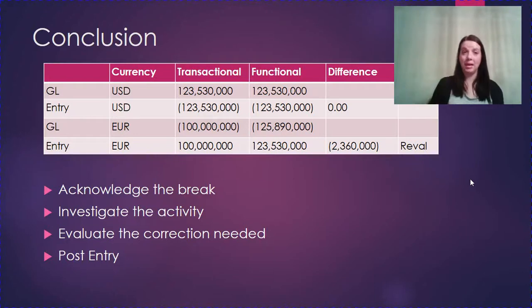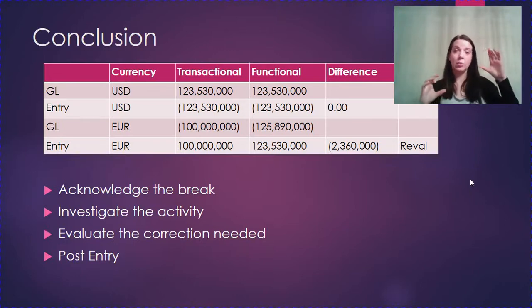For our backup for these steps, we're going to show both entries, the 29th and the 10th, showing what we posted and what we were correcting. You're going to show any backup emails from the course of the September entry, the October entry, and the notification of the break.